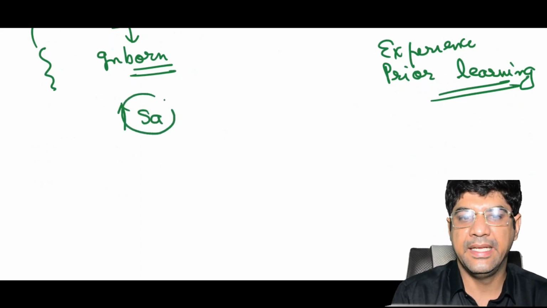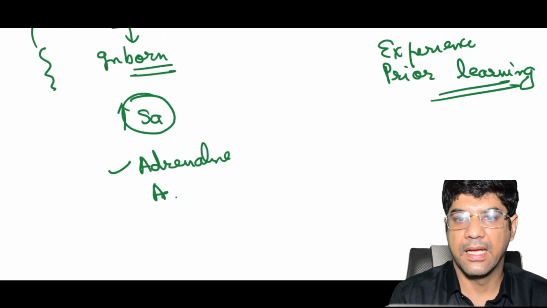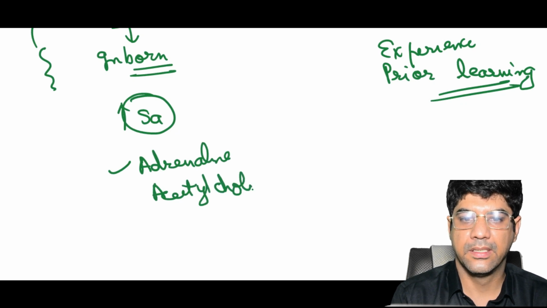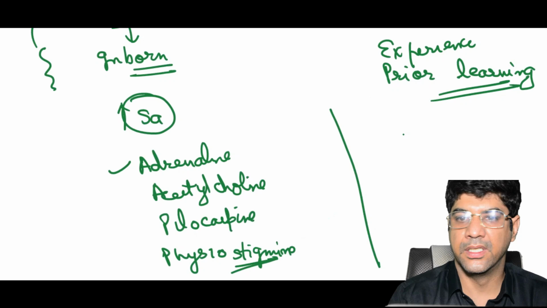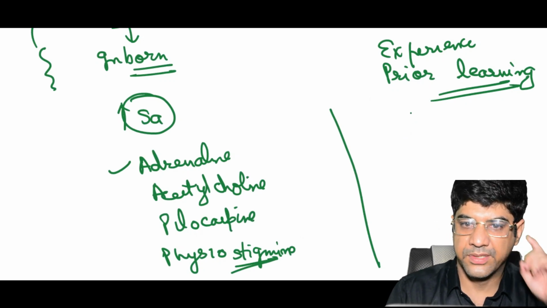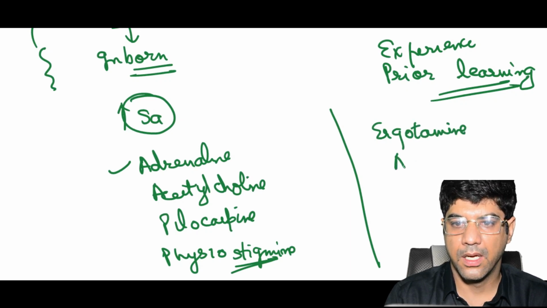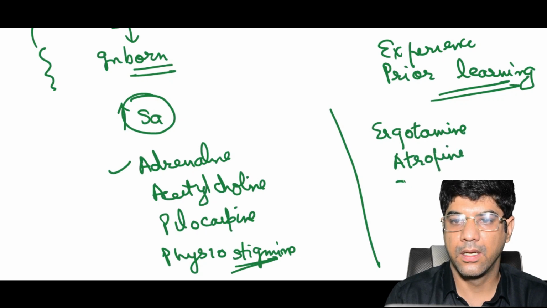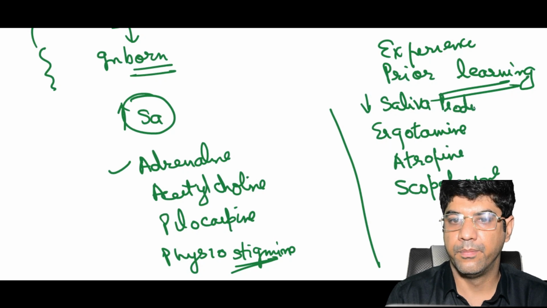Substances that can increase saliva secretion are adrenaline, acetylcholine, pilocarpine drug, physostigmine, whereas the substances that decrease the saliva production can be ergotamine, atropine, scopolamine. They decrease saliva production.